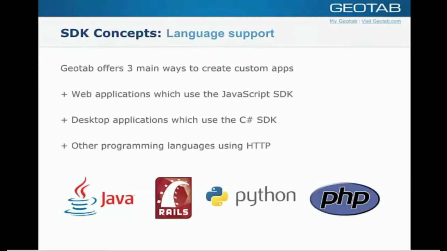On the desktop side, we have a C# SDK that you can use to start making desktop applications very easily that use telematics data. And then on top of that, we have a web service interface that, if you've got a software package in any of the major programming languages, you can take advantage of. So we've tried to design this with flexibility in mind, so that no matter what you're using on your side and what other systems you're using, there's a way to get your data.